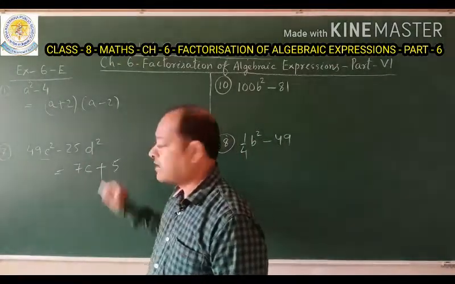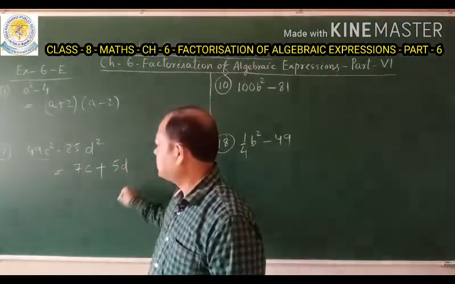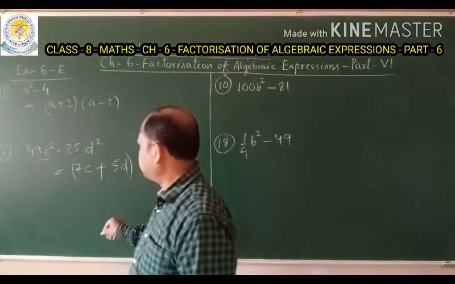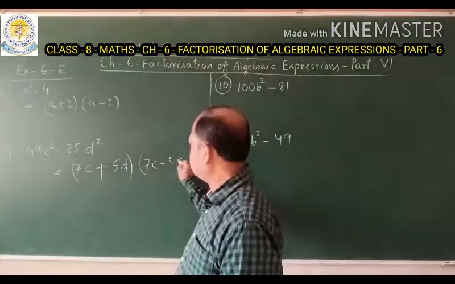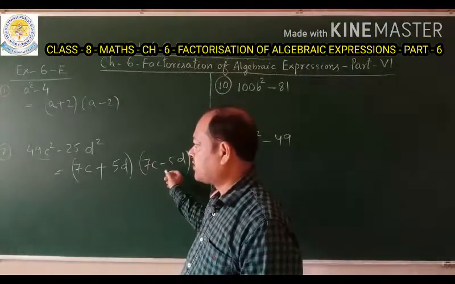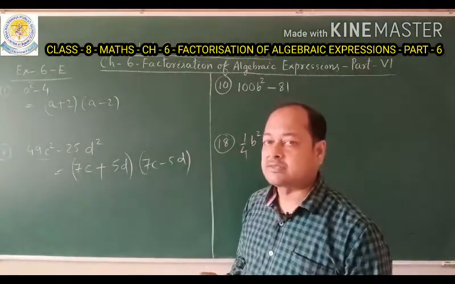So you write 5 here, and d square is the square of d. So write d here. So 7c plus 5d into 7c minus 5d. So these are the two factors of 49c square minus 25d square.